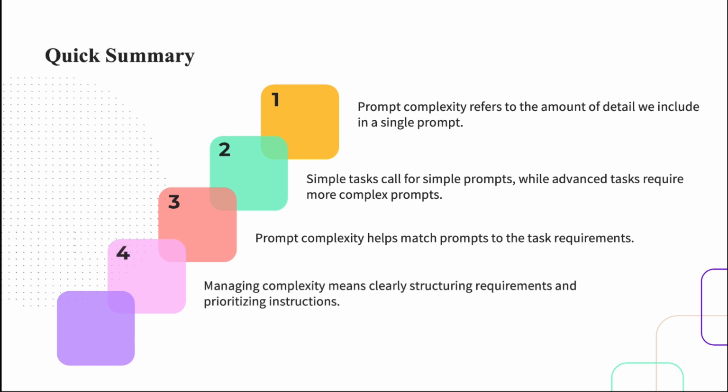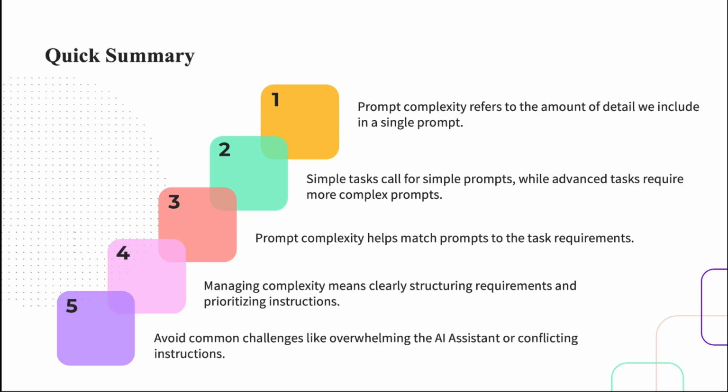Managing complexity means clearly structuring requirements and prioritizing instructions. Avoid common challenges like overwhelming the AI assistant or conflicting instructions. The key is to find the right balance. Start simple, focus on essentials, and increase complexity only as needed to get better responses from the AI assistant.